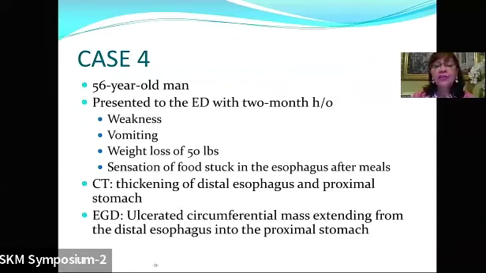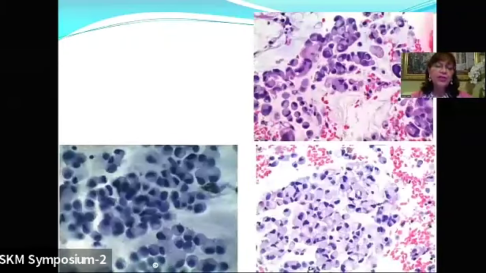And on endoscopy, a large ulcerated circumferential mass was seen involving the proximal stomach as well as the distal esophagus. And also by imaging, they noticed there was regional lymphadenopathy as well. So fine needle aspiration and biopsy was performed. And this is what we saw.